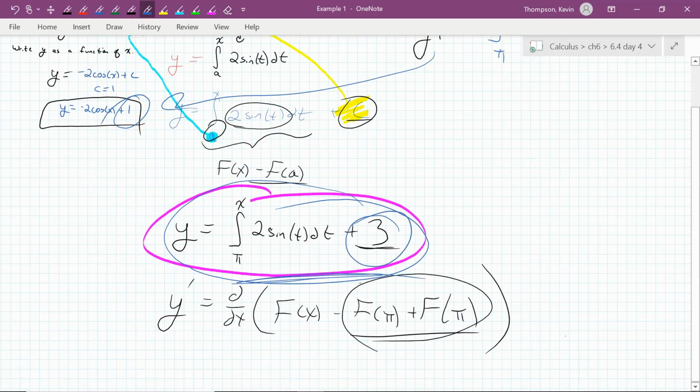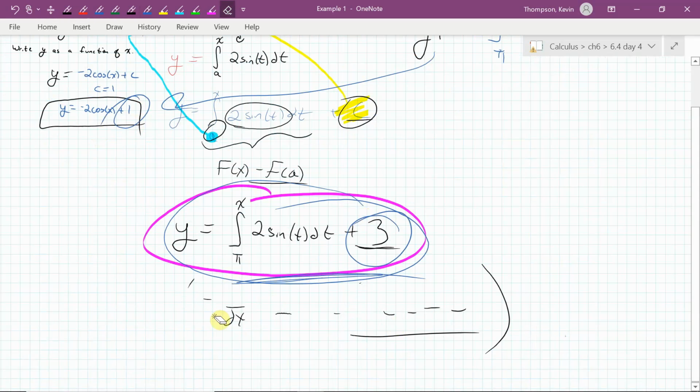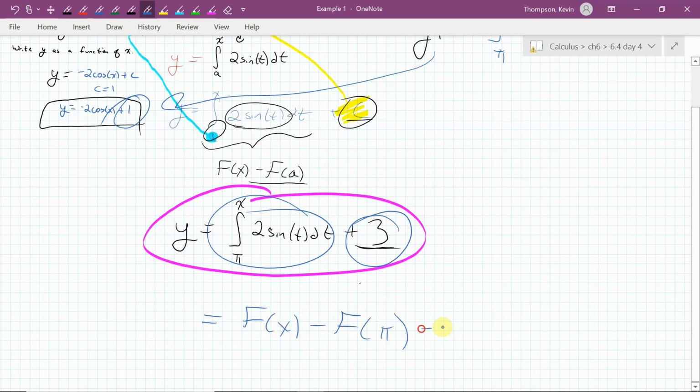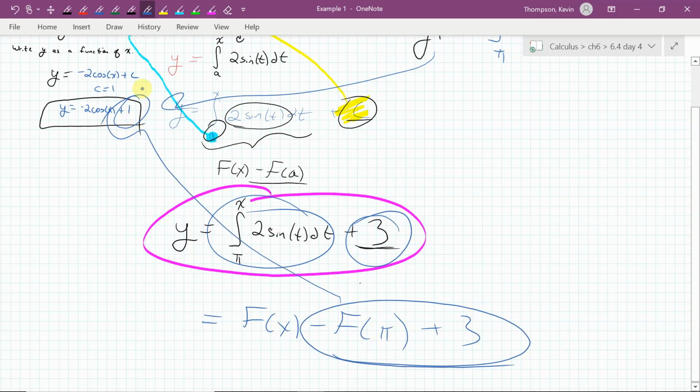So if we think about the antiderivative, just this, if I'm not taking the derivative of it like here, if I would just say, what does y equal? Well, it should be the antiderivative evaluated at x minus the antiderivative evaluated at pi plus 3. These pieces right here should be combining together to get this.